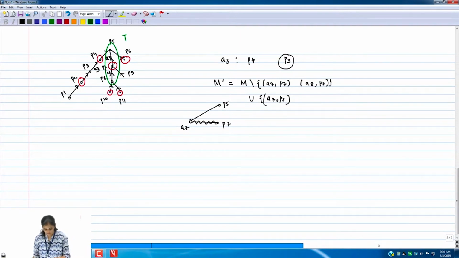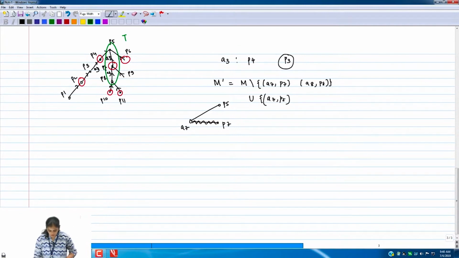As soon as I have made A7 unmatched from P7, P7 is free. Can I leave it unmatched? Technically yes, but if you leave it unmatched, there is no hope of getting another matching which is popular, because a popular matching must match every f-post. So therefore, you cannot get a popular matching. But I have already used this path.